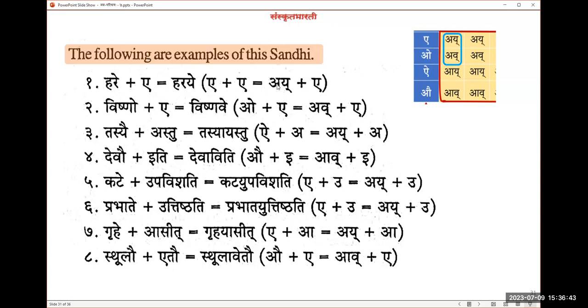A plus a, I plus a, aye. Vishnu a, another internal sandhi. Here vanta desha, O plus a, Av plus a, ave. So Vishnave. When we start appreciating why shabdas are taking these kinds of forms, Panini has some process by which he arrives from Vishnu shabda.